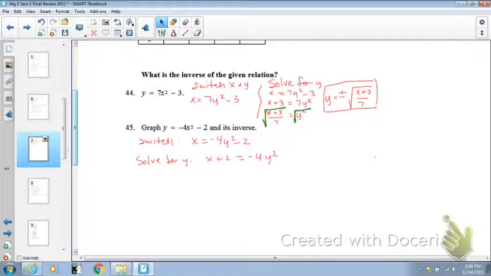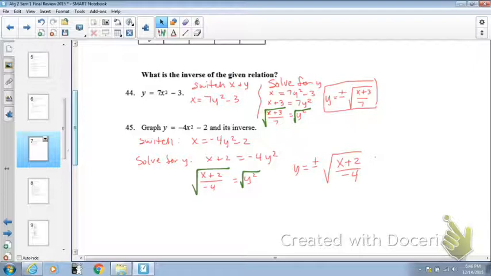And then divide by negative 4. So x plus 2 over negative 4 equals y squared. And then you're going to take the square root. Again, you're going to have plus or minus. So y is plus or minus the square root of x plus 2 over negative 4.